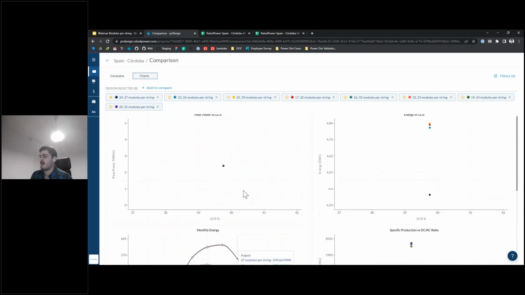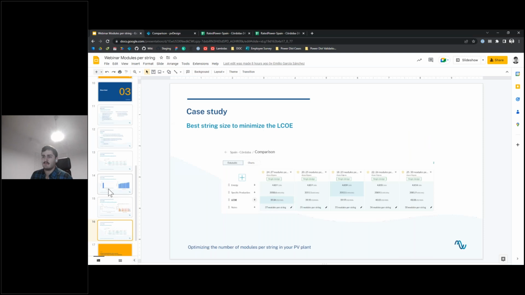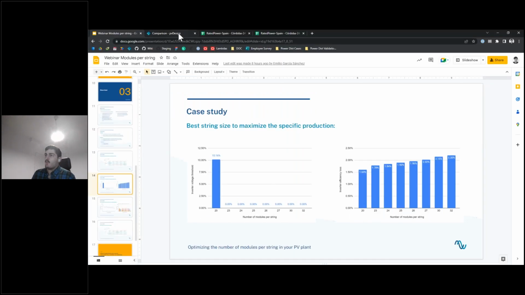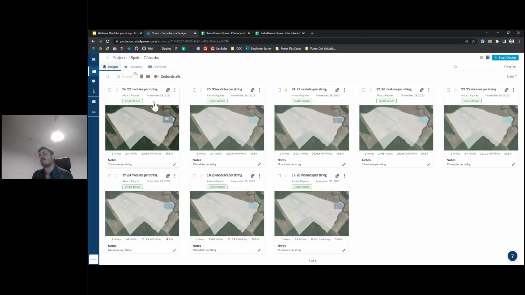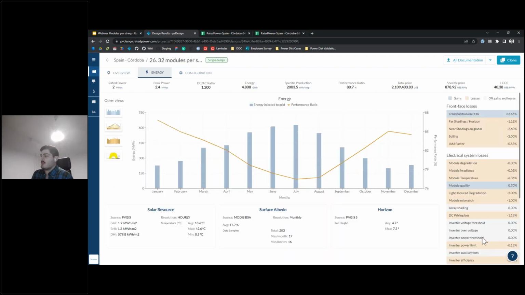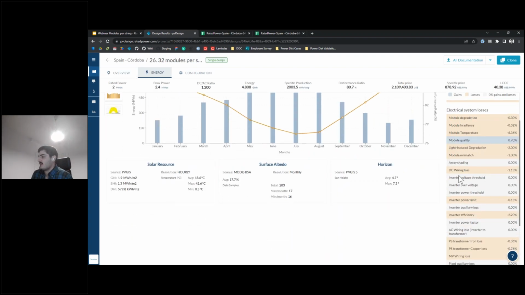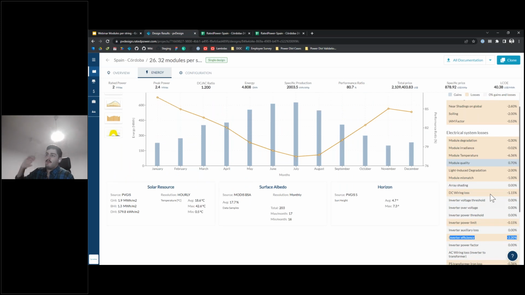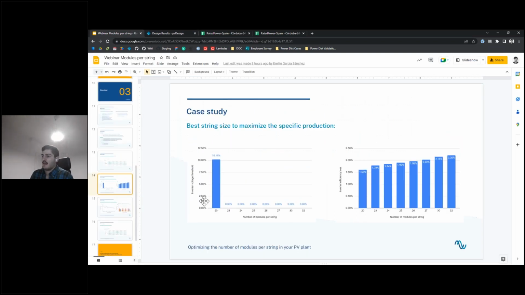We can see them all here. But these specific ones, the values that we were having are taken from pvDesign. So the losses were taken from this, specific for each of these designs. So the energy, for example, in terms of inverter voltage threshold, this value is given by pvDesign, also the inverter efficiency. And I have put all of them in a graph to represent them. So the values are from pvDesign, but these specific graphs are not directly taken from pvDesign, let's say.